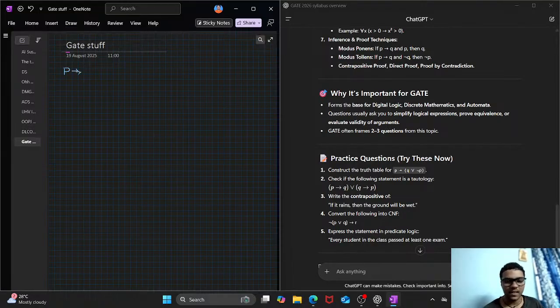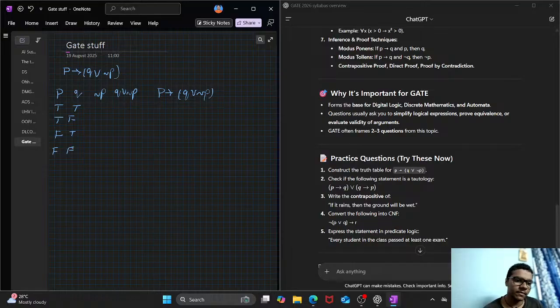So P implies Q or negation P. We are supposed to construct a truth table for this. So we have P, Q, negation P, Q or negation P, and P implies Q or negation P. P is T, T, F, F. Q is T, F, T, F. So negation P will be F, F, T, T. So for Q or negation P, you need to do an OR: it is true, false, true, and true.